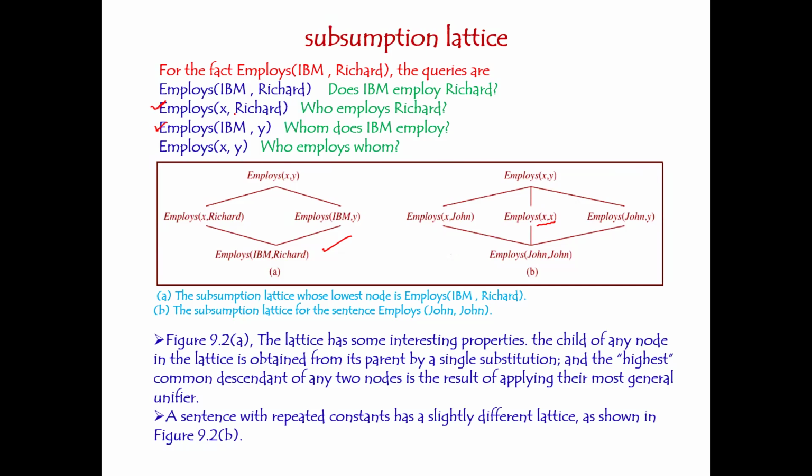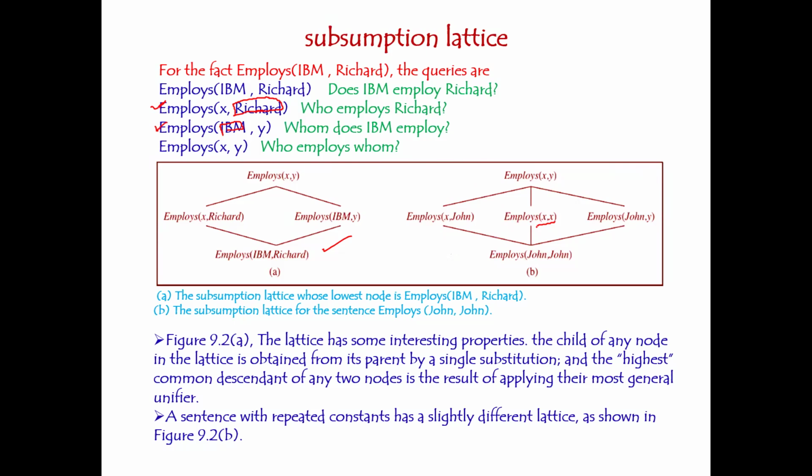Now I am only changing the constant. Already in the knowledge base I have employees of X comma Richard, and now this Richard is substituted with John. Next time I am taking the substitution for this IBM; I am replacing it with John as well, giving employees of John comma Y.